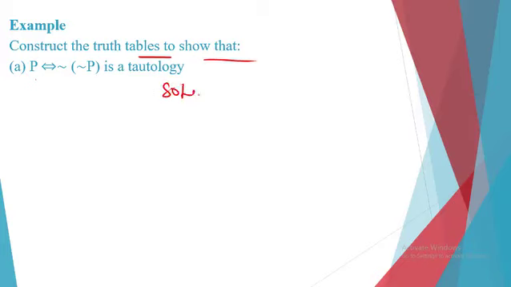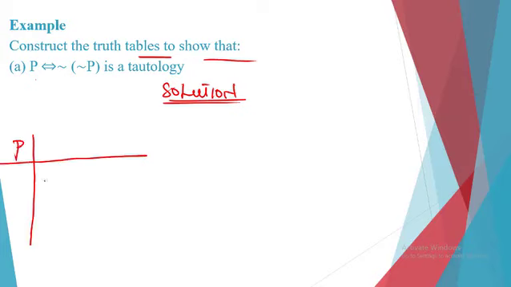Solution. I hope you still remember all the laws of the connectives that I taught you in previous classes. So the first thing we need to do is to draw our P. We'll draw our P, and our P then will be true and what?